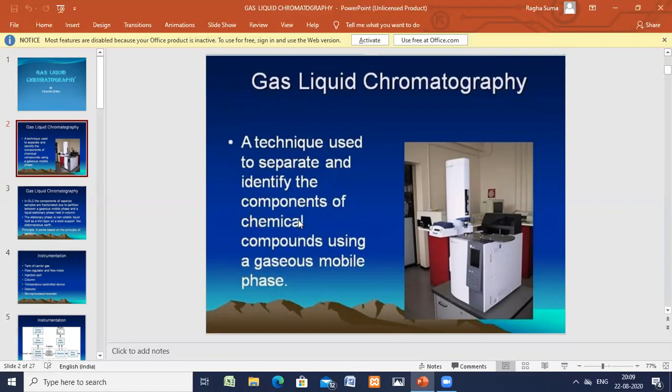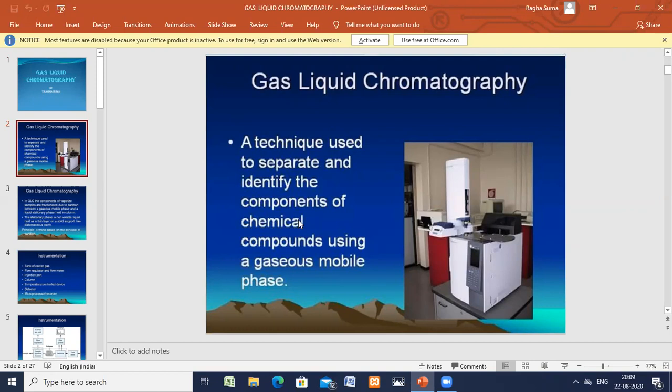And amounts as small as 10 to the power of minus 14 grams can be detected by using suitable detectors. Gas chromatography can be divided into gas liquid chromatography (GLC) and gas solid chromatography (GSC). The most popular one, with a wide range of applications, is GLC.